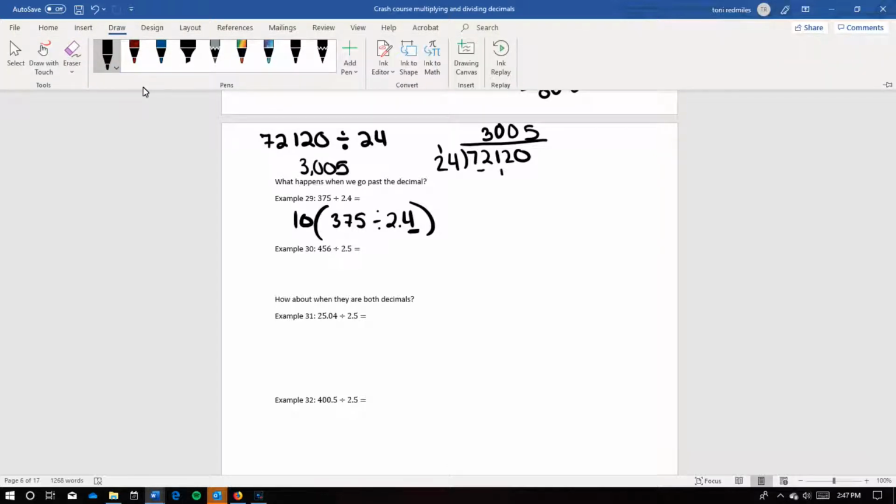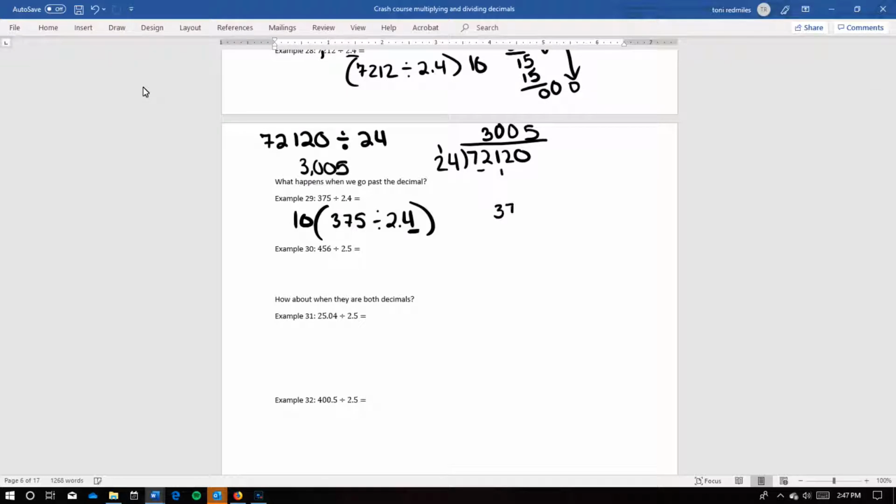Okay, so that's going to give me 3,750 divided by 24. So 24 is going to go in the 37 one time. Drop down my 5. Let's make a little guess. 24, I'm going to guess it's going to go in 5 times. Let's just see and go from there.